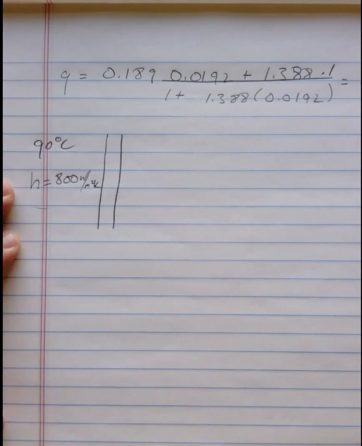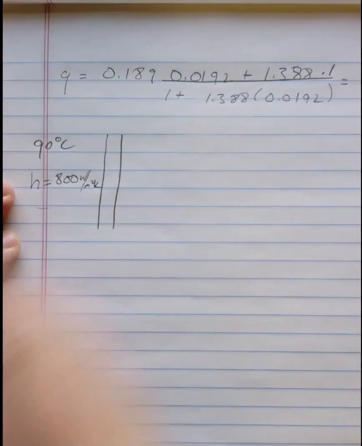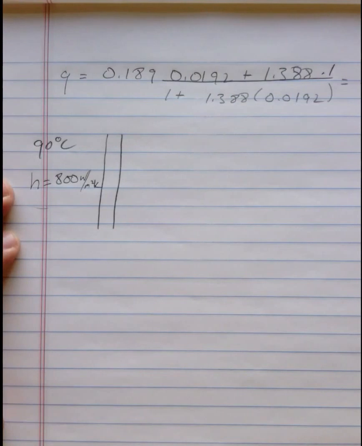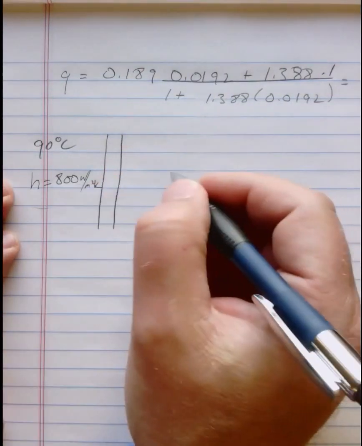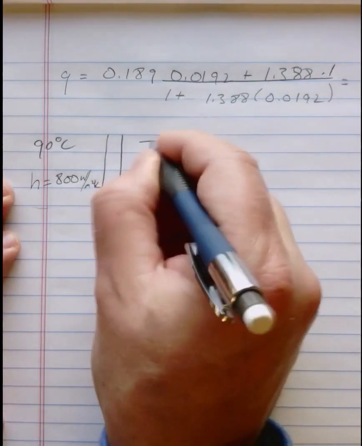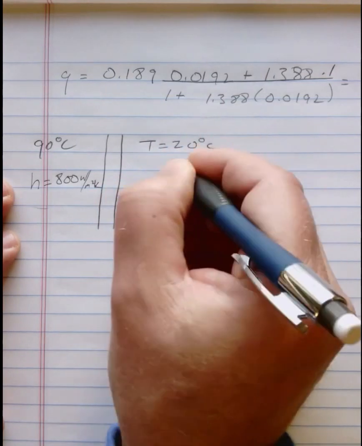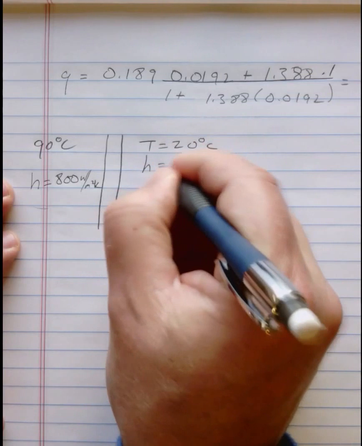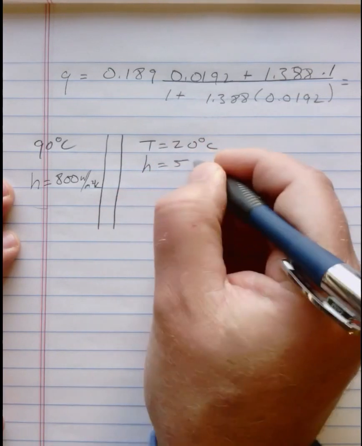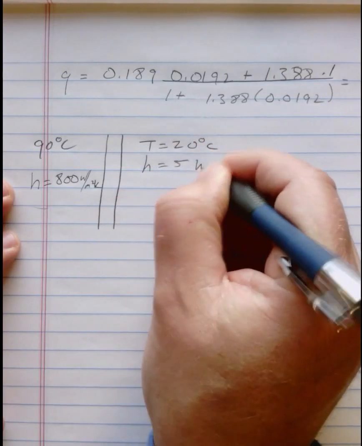I think I might have misstated the h that was 5. That was for the air on the outside of the fin previously. Again, these are just numbers I'm assuming. You could argue with these. And on the outside it's 20 degrees C, and I've already said that the h on the outside for the air is 5 watts per meter squared Kelvin.